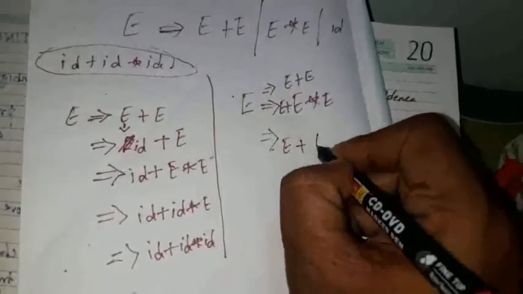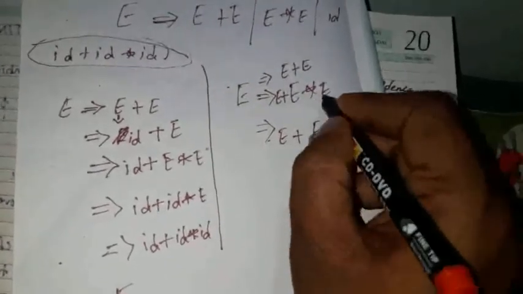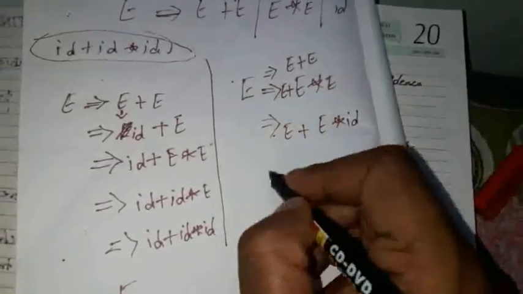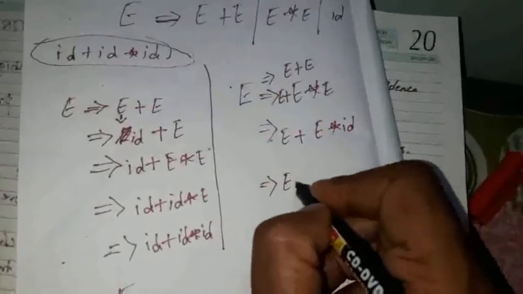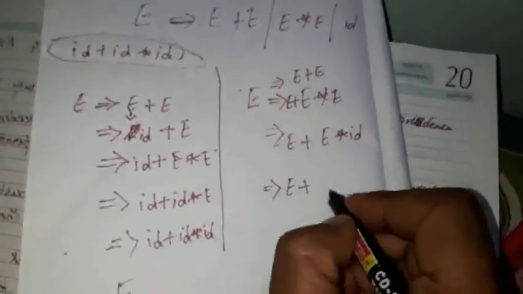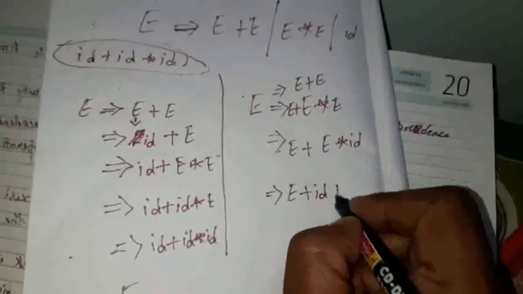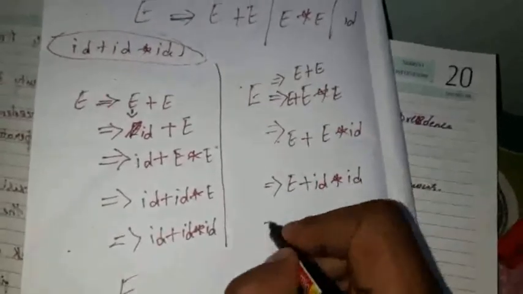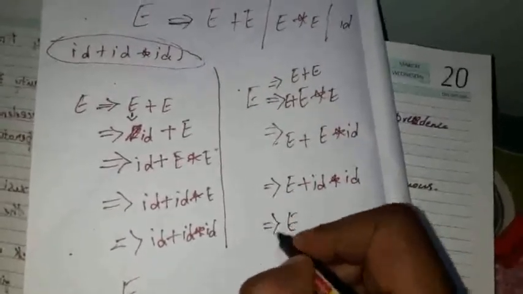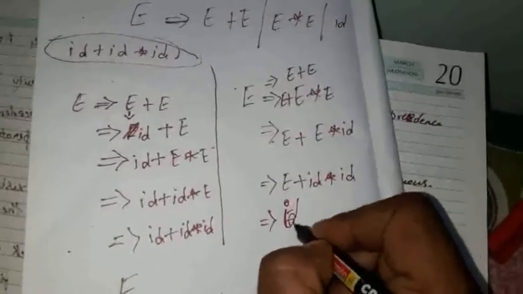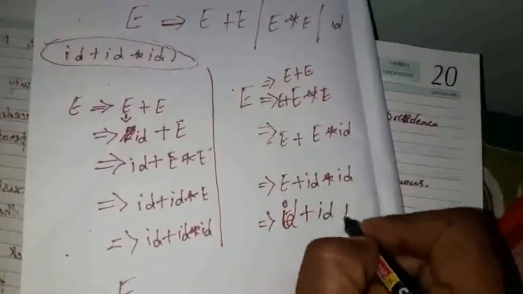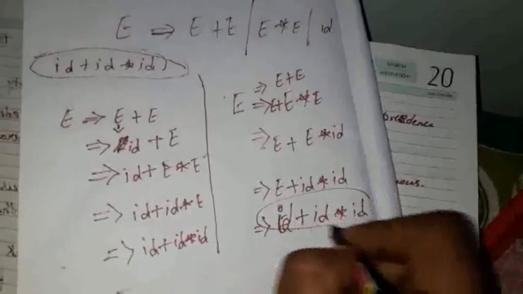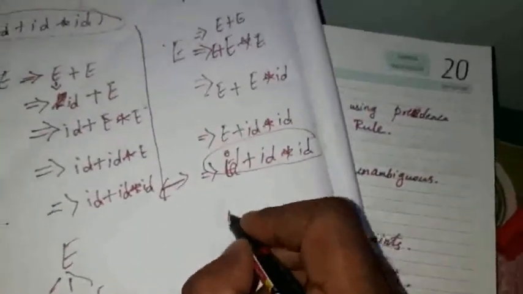E plus E star E. This E I will replace with id. Then I will take E plus id star id. So the strings are same, but the derivation tree is different.